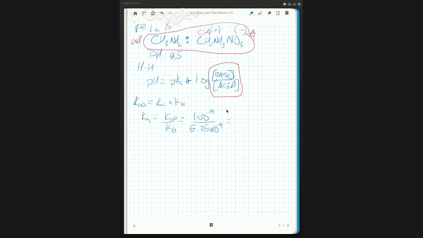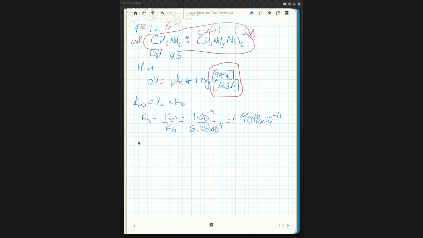So I plug that into my calculator. 1, second function, exponent, negative 14, divided by 5.25, second function, exponent, negative 4. And the Ka is equal to 1.9048 times 10 to the negative 11th.